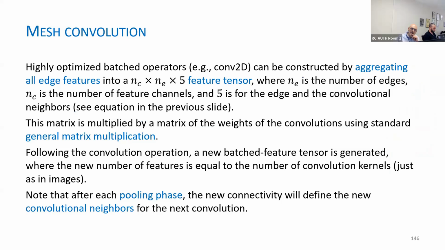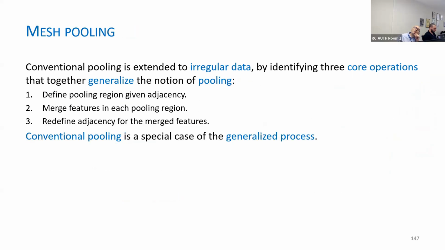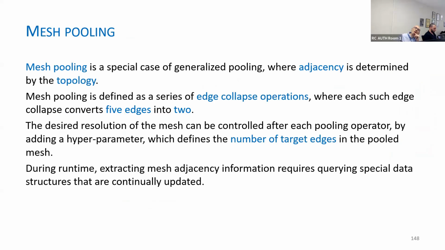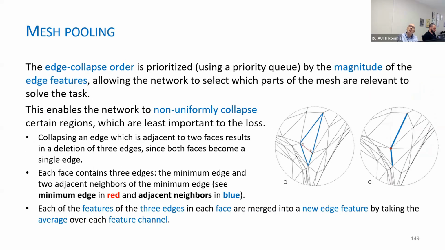Okay, maybe this is a detail that we can skip. Maybe we can at least have a look directly at the pooling operator, because after we have computed this convolution, then we can collapse.